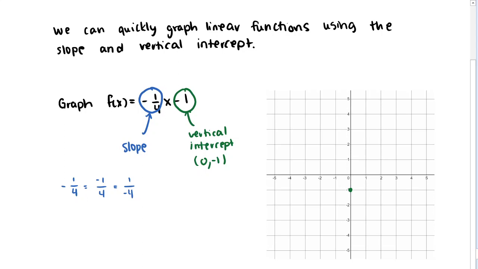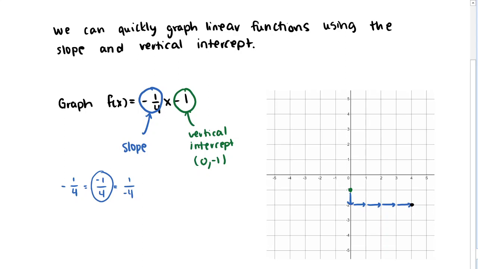And so here we can see this slope as negative 1 over 4, and we can recognize that another point on the graph of our function is this point that I obtained by going down 1 and to the right 4 from our point 0, negative 1.